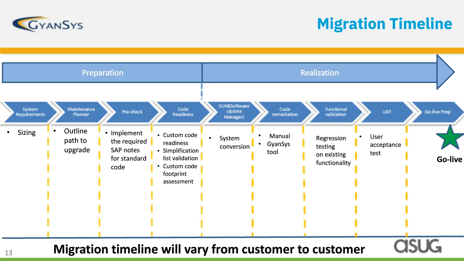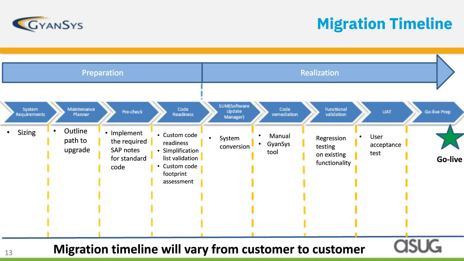SAP has given tools for that as well, for example for custom code or programs you may not be using on a day-to-day basis, or even over a 2-month period. That means maybe it's not that important to migrate. So you can prioritize your list. The objective is to give you a minimally disruptive and minimal time frame in which you can migrate to S4 with everything that's working today working tomorrow.